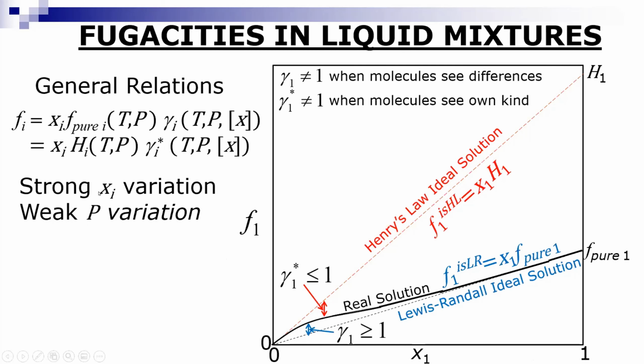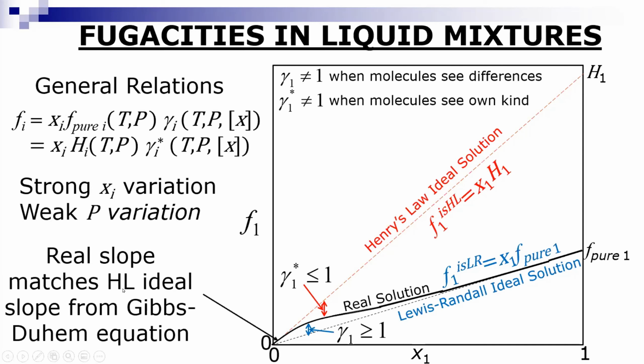And this means that you have a strong composition variation and a weak pressure variation, unlike gases, in the sense of how they respond to changes in the state. Again, the real slope matches the Henry's constant ideal slope at dilute solutions, so that it deviates. And also you note that there must be some connection between the gamma with a star, which is this value, and the gamma like this, which is this value.